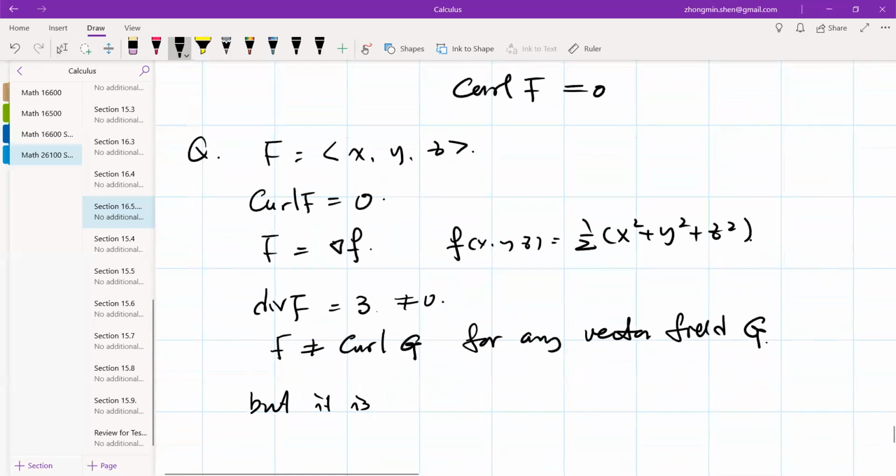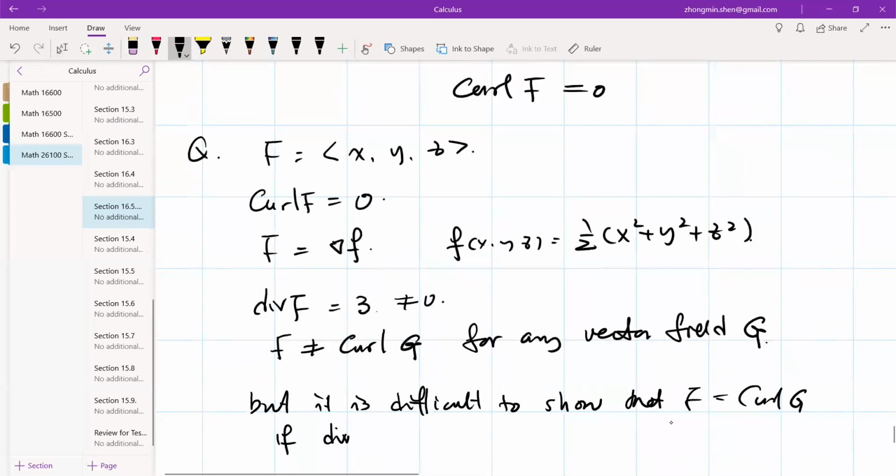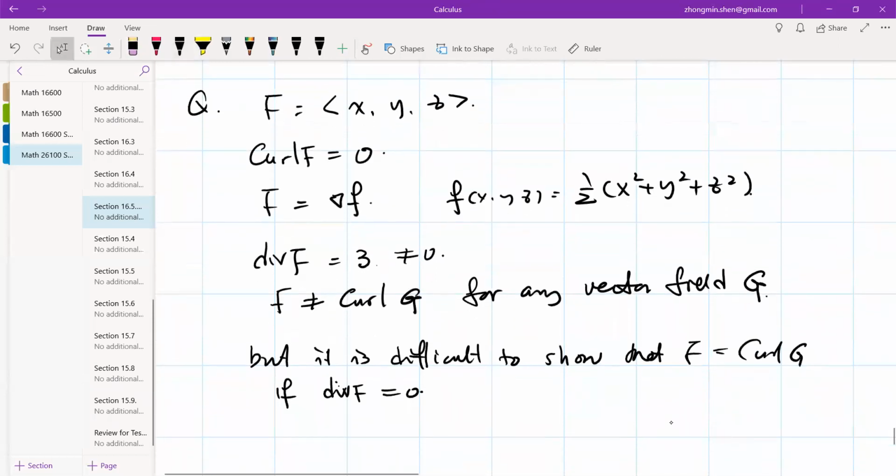It is difficult to show that, maybe it's impossible to show that F is the curl of G when the divergence of F is 0. In general, it's not necessarily true. So be careful about the relationship.